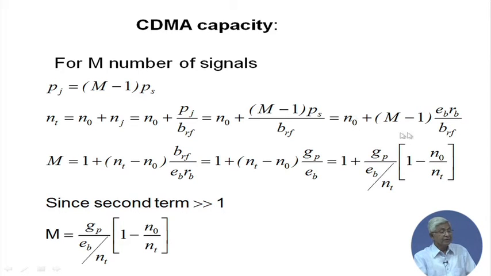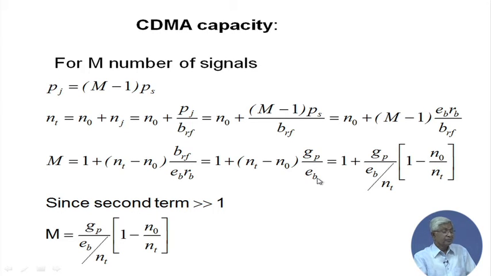By rearranging the terms, m is equal to 1 plus NT minus N0 into BRF by EB RB. BRF by RB is the processing gain, GP. So it becomes 1 plus NT minus N0 GP by EB.